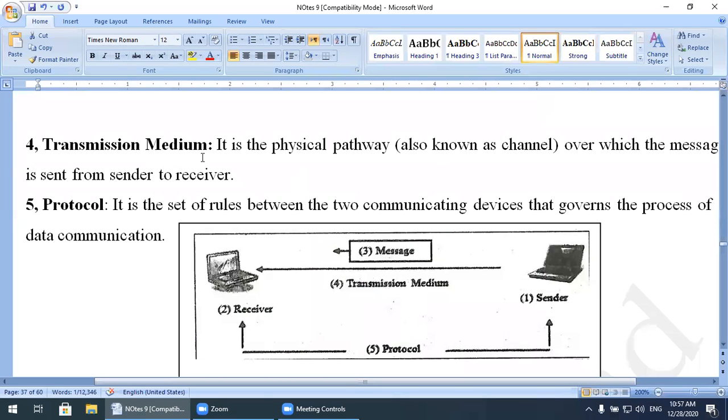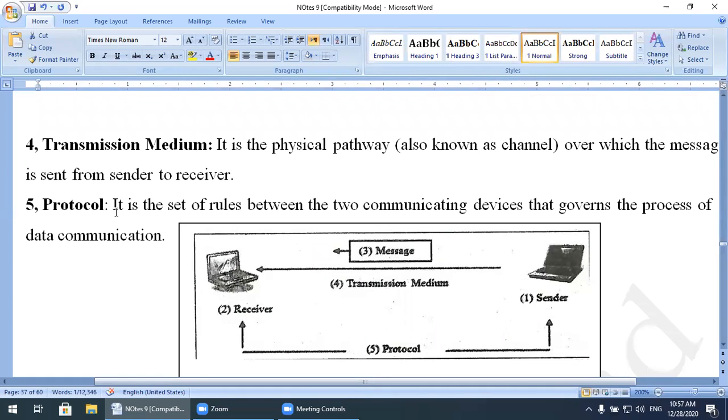So the transmission medium is the physical pathway, also known as the channel, through which messages are sent from sender to receiver. The transmission could be physical or logical, meaning guided or unguided. In our languages, it's called cable or Wi-Fi. If a cable exists, it is a physical medium or guided medium.